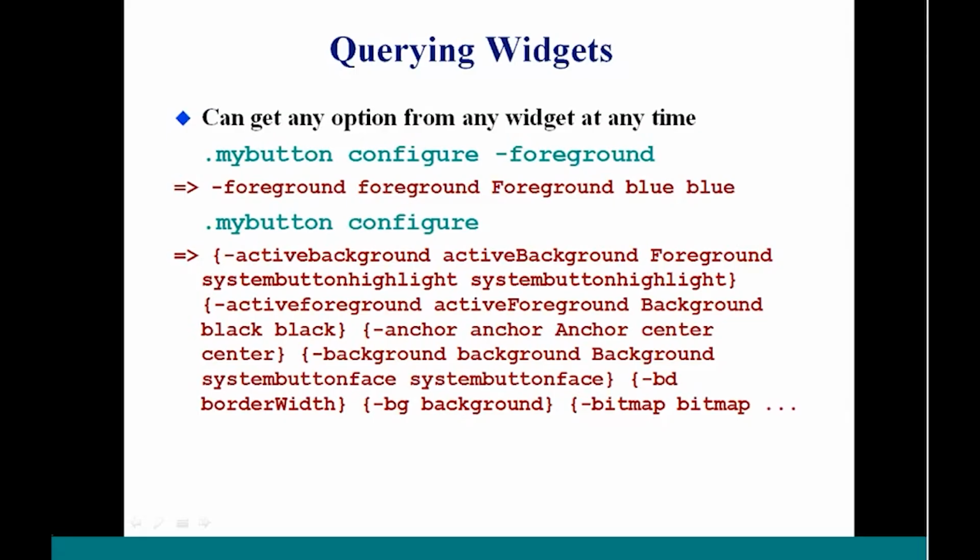And if you give just mybutton configure, then it gives you all the items in that widget. That is, what is active background, what is the active foreground, what is the anchor, what is the background, what is the border width, the whole thing basically that you get.